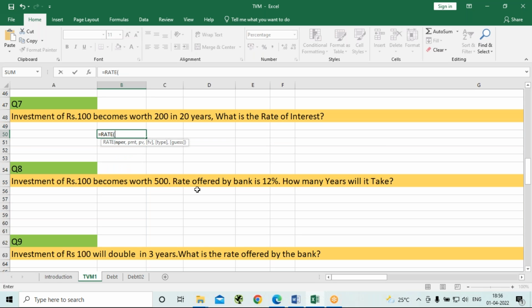Here it is asking for the n per, that is 20 years, comma PMT is 0, comma PV present value is 100, comma FV is 200, comma 0, comma 0.